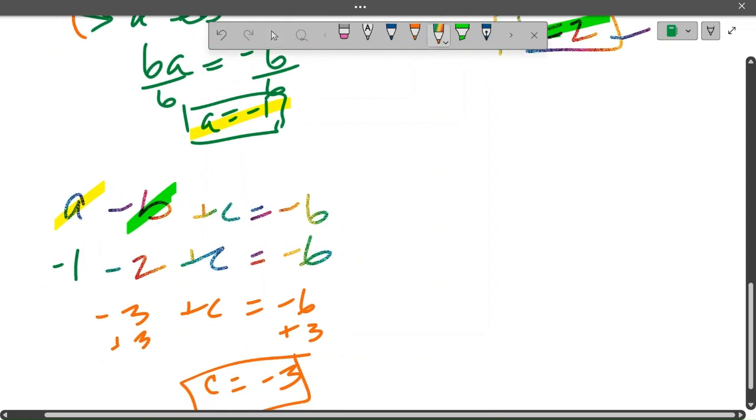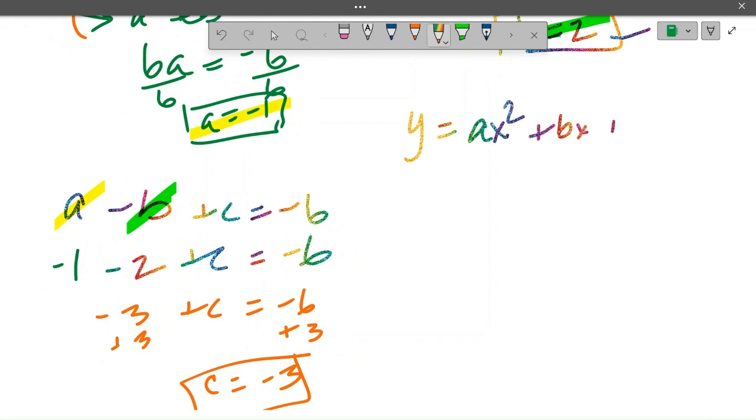So we started off with this equation, y equals ax squared plus bx plus c. And now to finalize this, all we substitute is -1 for a, 2 for b, and -3 for c. And we have our final equation ready to go.